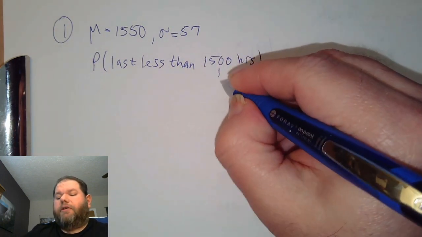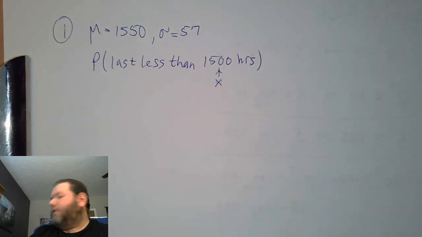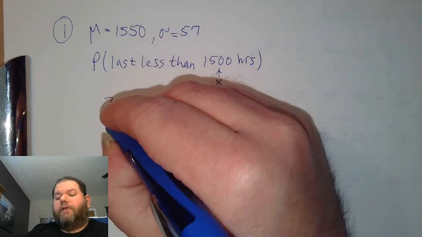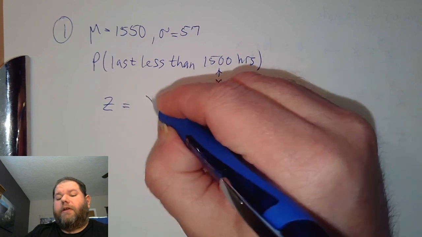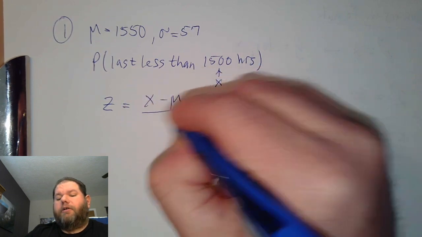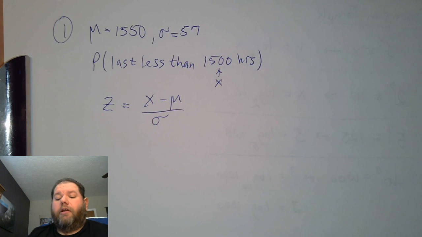So 1,500 is our x, and again the z-score here is x minus mu divided by sigma. So we'll convert it to a z-score, graph the bell curve distribution, indicate where z is, and shade the appropriate side, and then find the value from there.